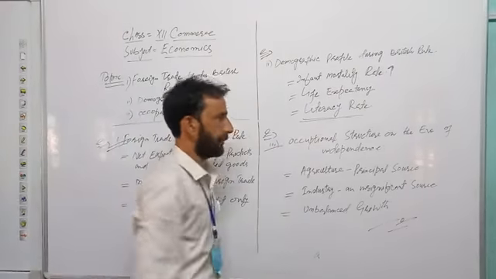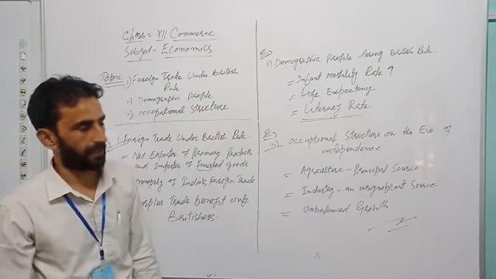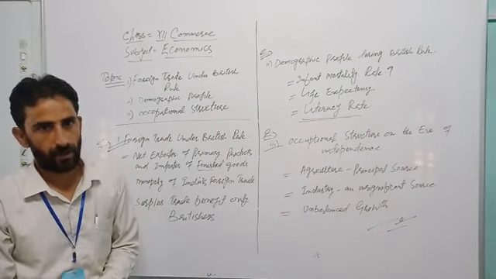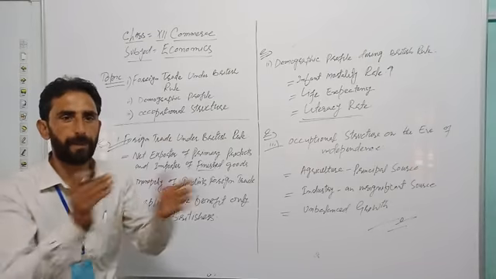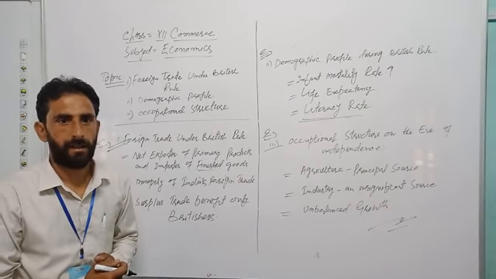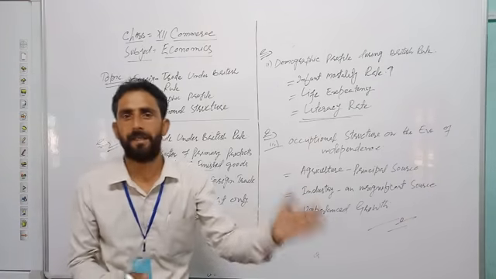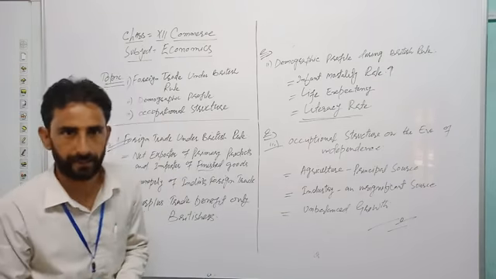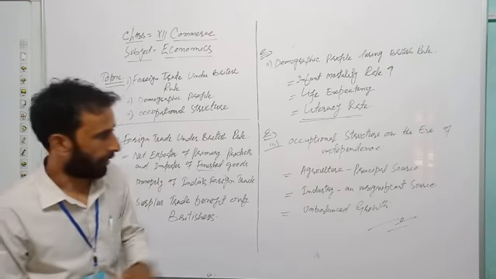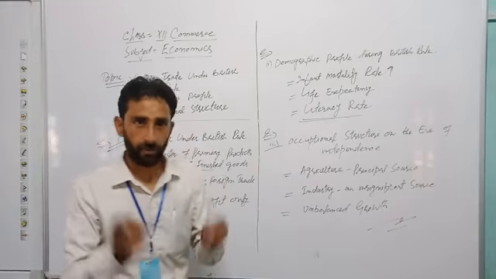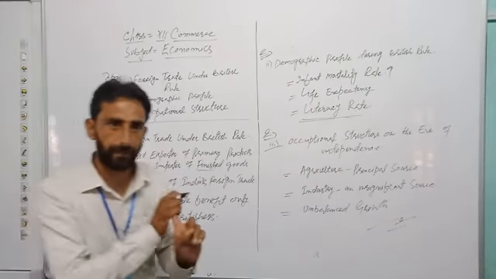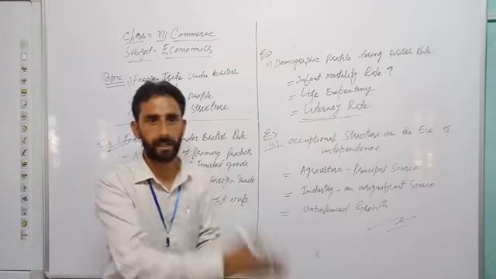After that, the third component is occupational structure on the eve of independence. Occupational means where people are working. At that time, the Indian economy was divided into three parts: primary, secondary, and tertiary sector. Occupational structure means whether people are working in the primary, secondary, or tertiary sector.